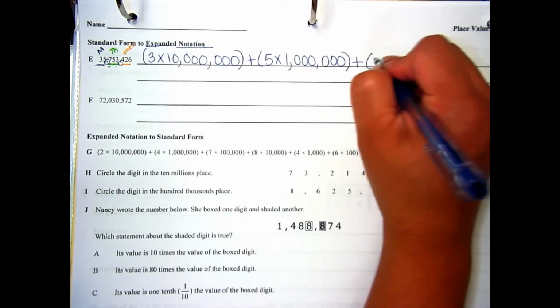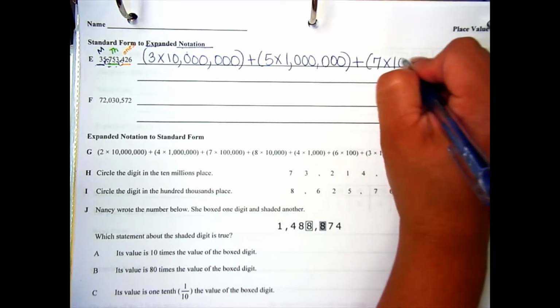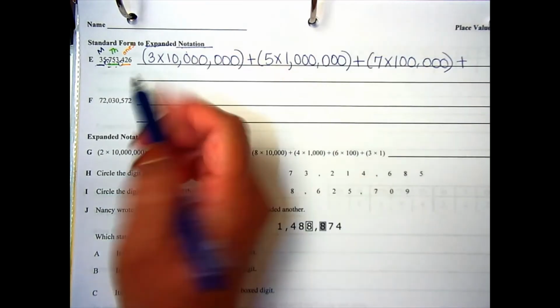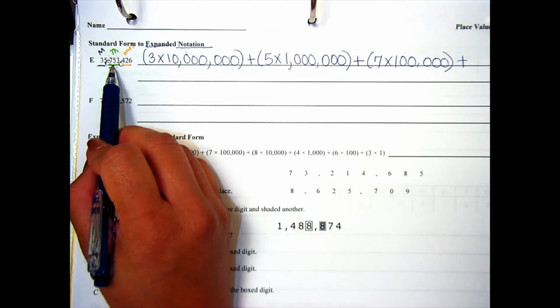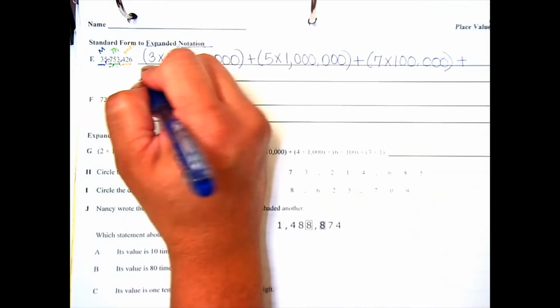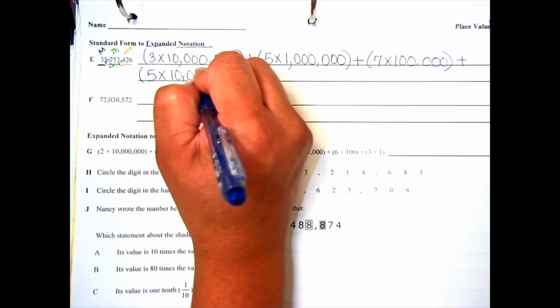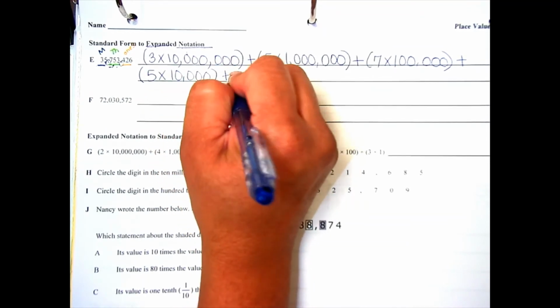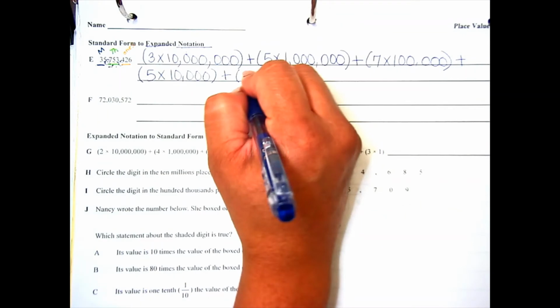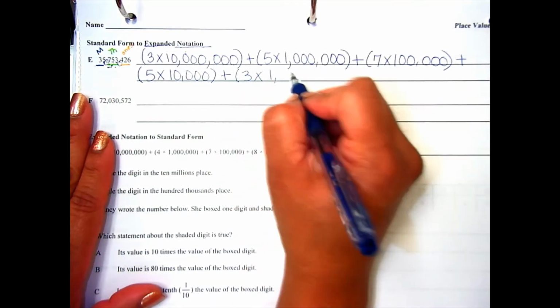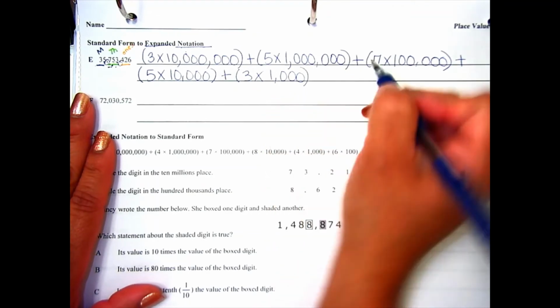So 7 times 100,000. Plus 5 is in the 10,000s place. 5 groups of 10,000, plus 3 is in your thousands place. So 3 groups of 1,000 and then your 3 zeros.